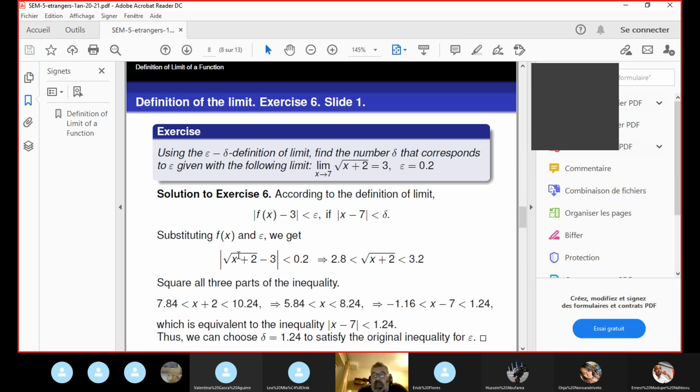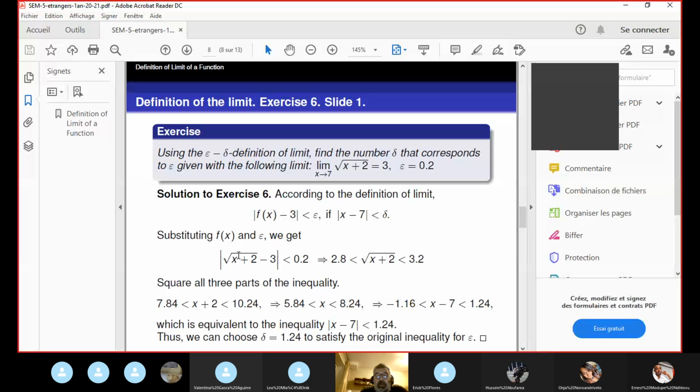So you see, we say always for every epsilon strictly positive. For example, if we take a fixed epsilon, what will we obtain? Here we have the corresponding exercise. The absolute value of f of x minus 3 is less than epsilon if the absolute value between x and 7, as x goes to 7, is less than delta.